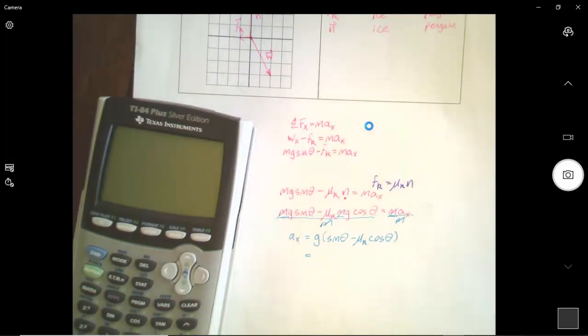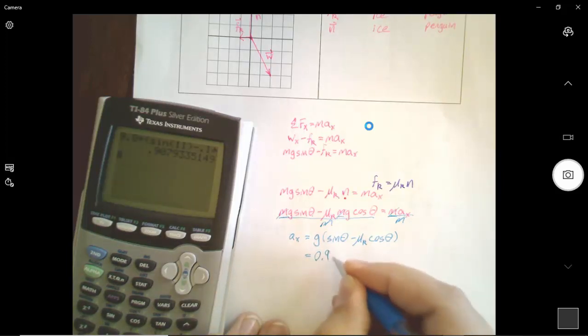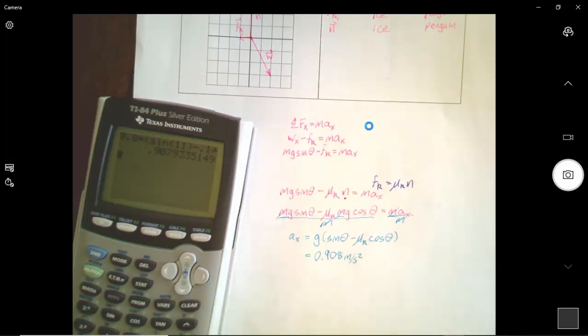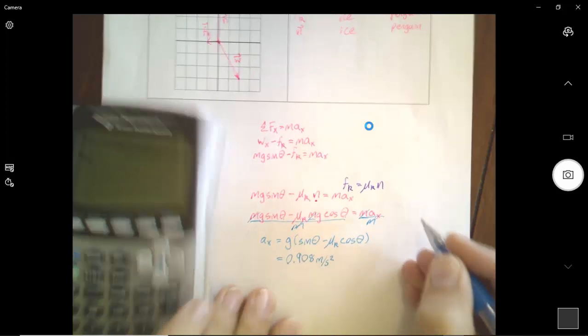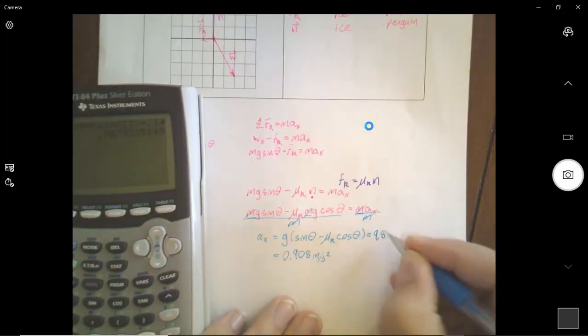And we can plug that in. 9.8 times sine of 11 degrees minus 0.1 cosine 11 degrees. 0.908 meters per second squared. Oh, I did forget a step that I do require, which is plugging in the numbers with units.